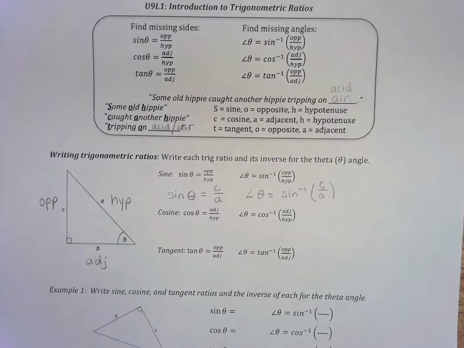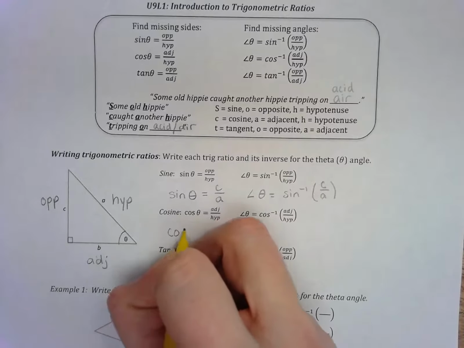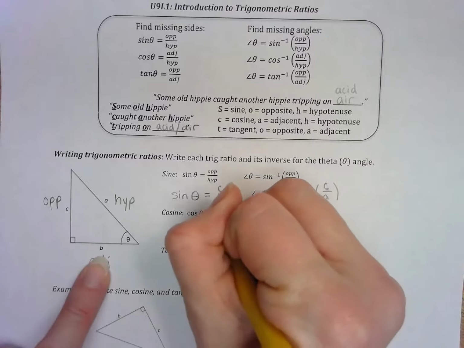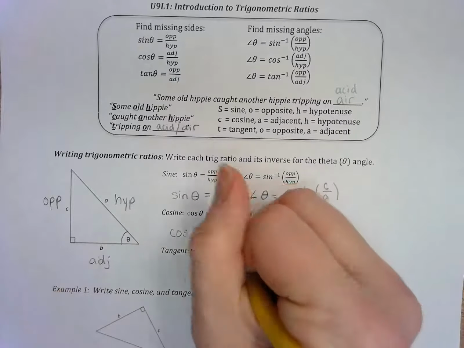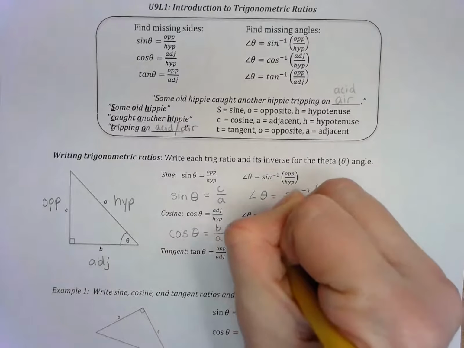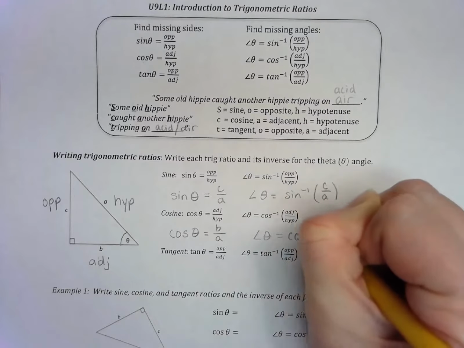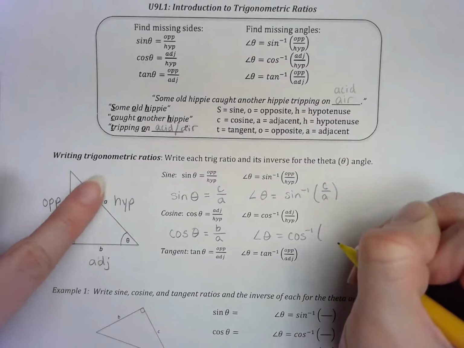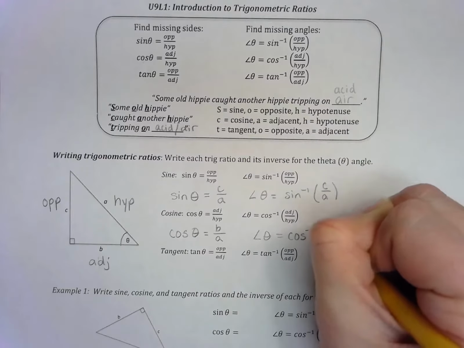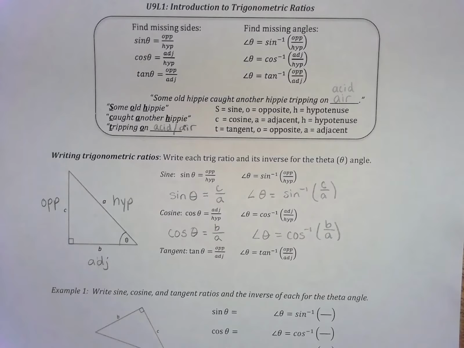So cosine of theta is going to be adjacent, labeled as B, over hypotenuse, which is labeled A. And the same here for angle theta, we could use inverse cosine if we know these measurements of adjacent and hypotenuse. We could use those measurements to find the theta angle.